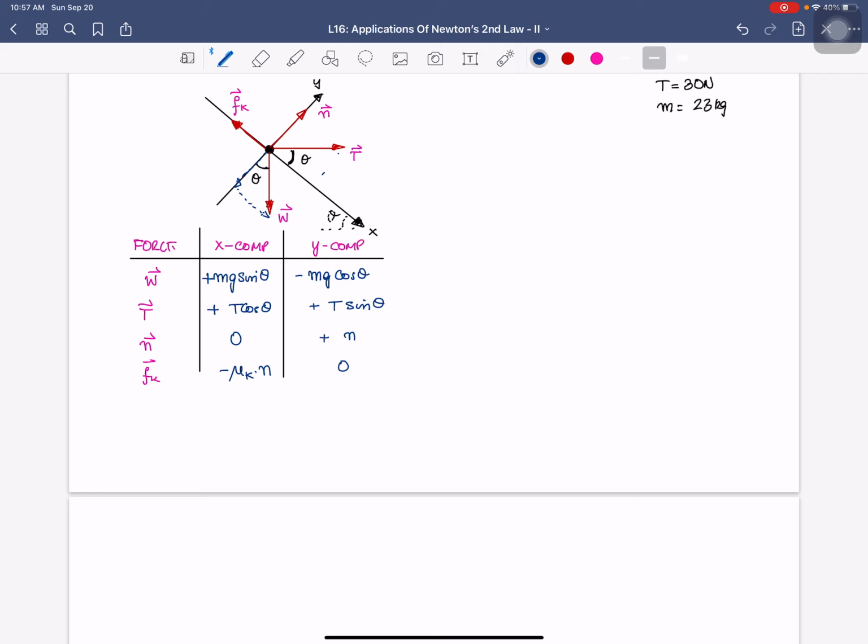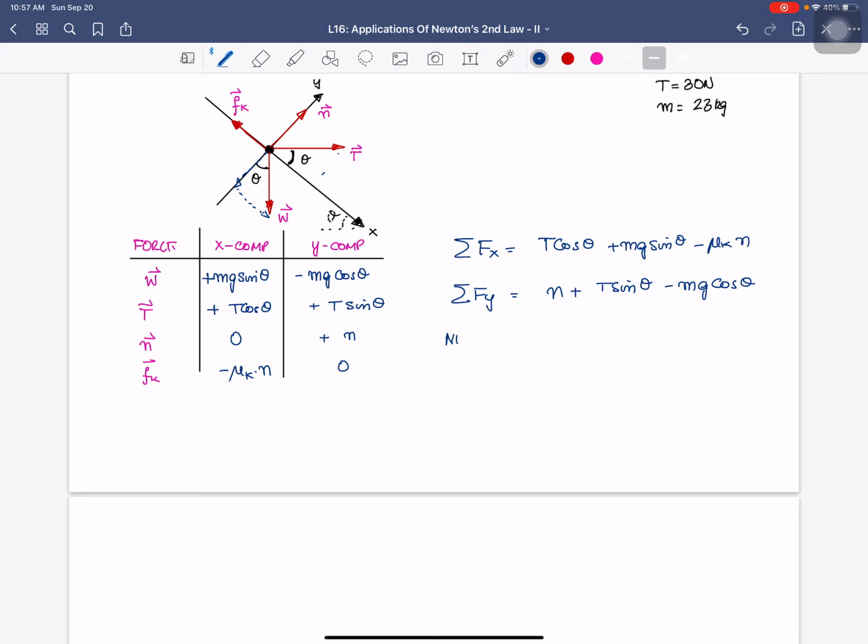So that's what we got. Now we've got the net force in the x direction is T cosine theta plus mg sine theta minus mu sub k times N. Net force in the y direction is N plus T sine theta minus mg cosine theta.